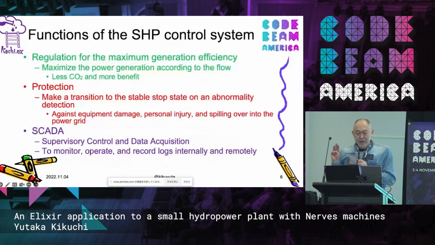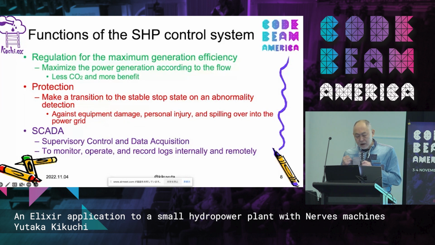There are three main functions of the control system. The first is regulation to get maximum power. The water flow changes, so the system should get maximum efficiency according to the water flow. Second, is an important function to protect against troubles.